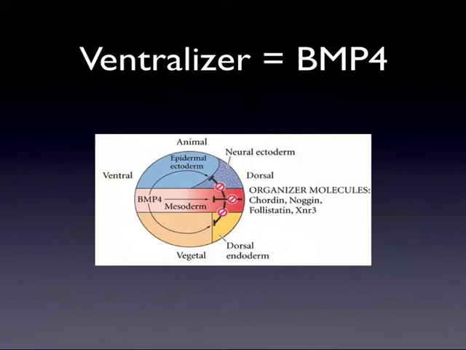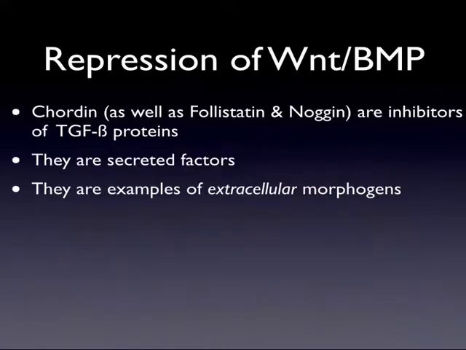So BMP is the default ventral signal. Inhibit BMP, and now you have an opportunity for dorsalization to occur. I'm probably going to say that 5 times in 5 different ways because it's that important for you to understand.